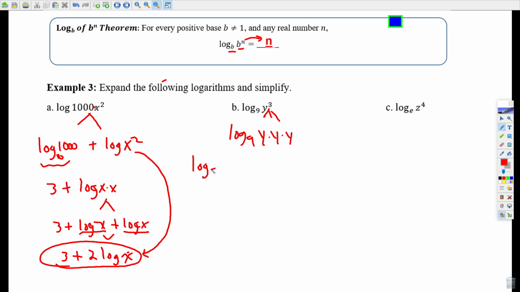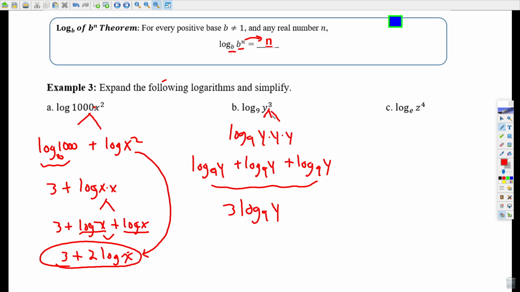So log base 9 of y plus another one, log base 9 of y plus one more. But what does that mean we actually have? We have 1, 2, 3 of the exact same thing. So we can combine these all together and say we have 3 of them. 3 log base 9 of y.